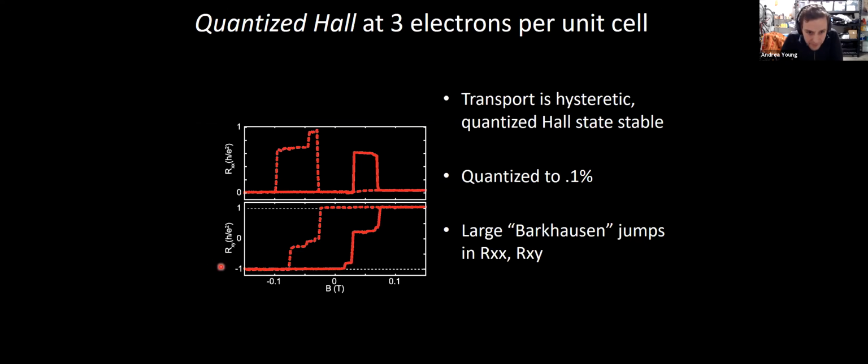It turns out that if you are careful about your measurement and deal with some issues arising from bad contacts and so on, and perform magnetic hysteresis measurements, actually that quantization is extremely precise, as is the vanishing of the Rxx.